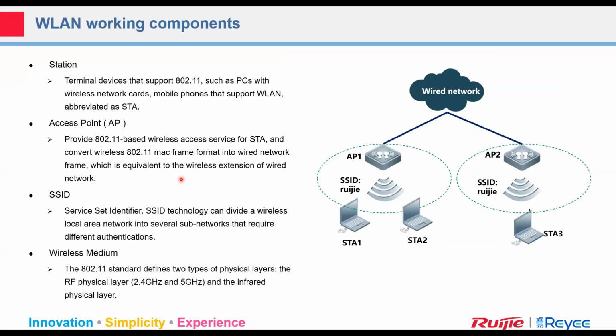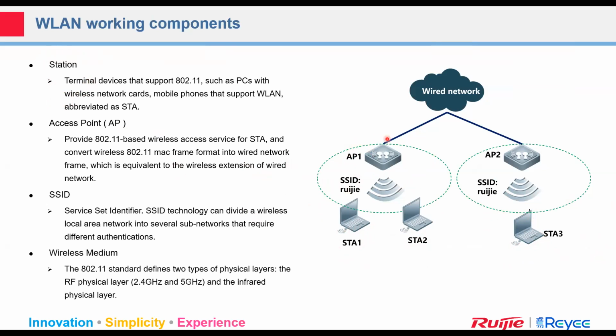In the wireless LAN working components, we do have the station. Station is a device that supports 802.11, such as a PC, wireless card, or mobile phone. This is also called STA.